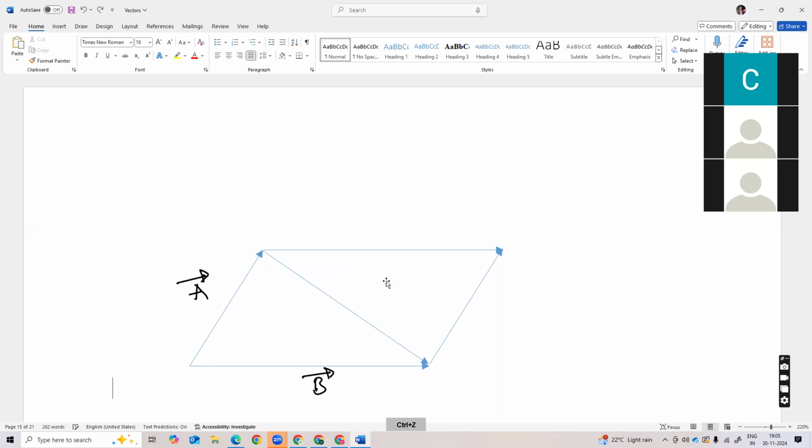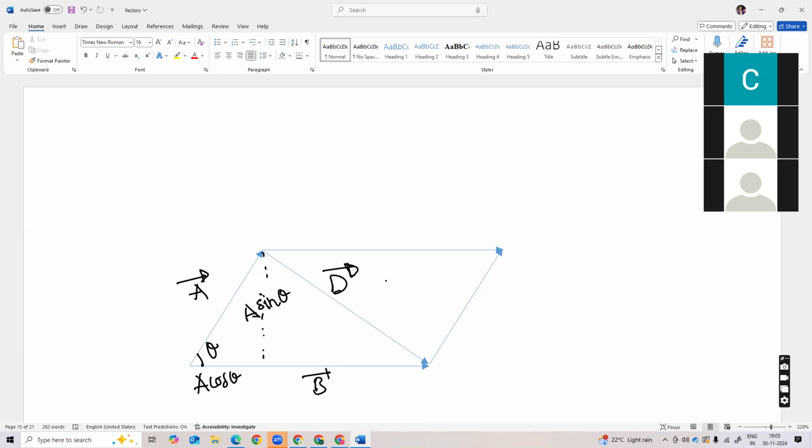Let's call it the difference D. Then we will again make a triangle. We know this angle was theta. So this is A sine theta, this is A cos theta, this is already B.